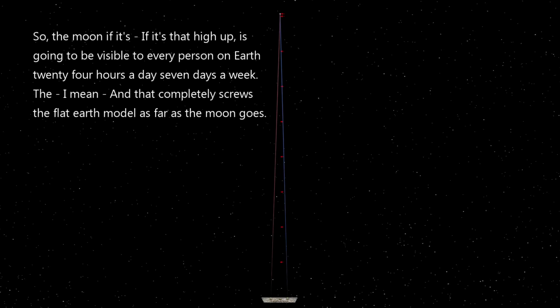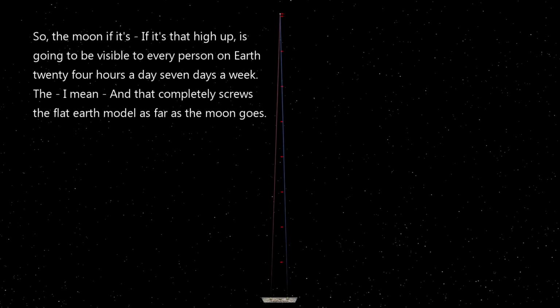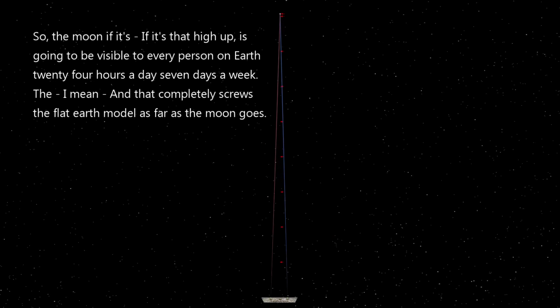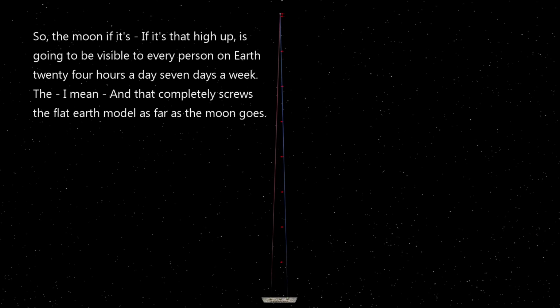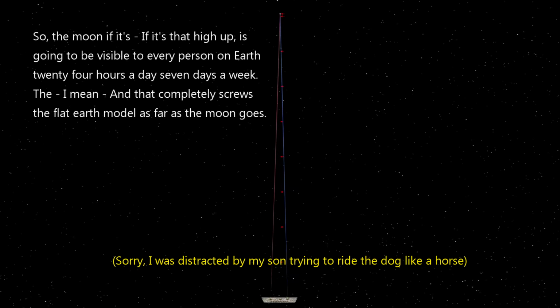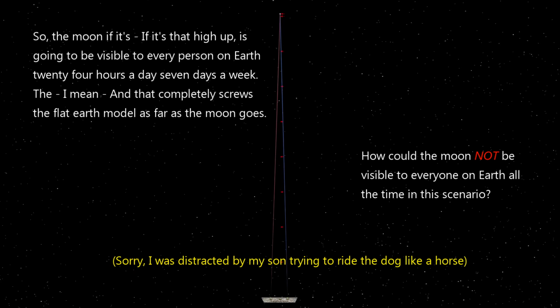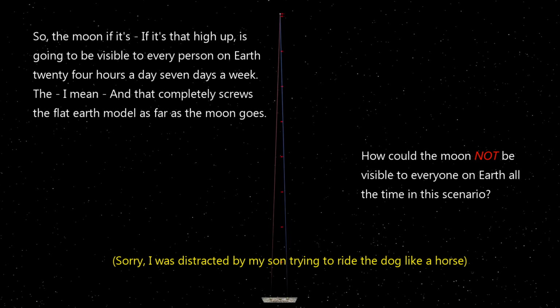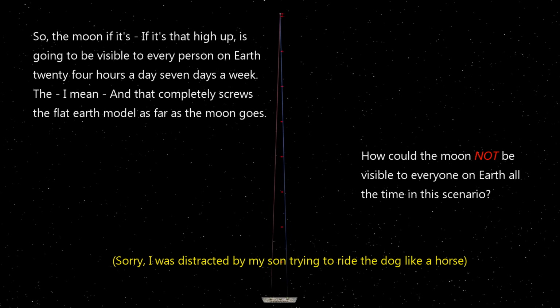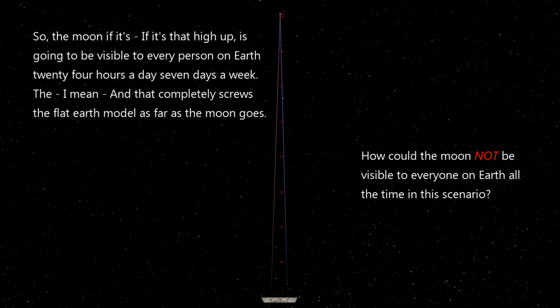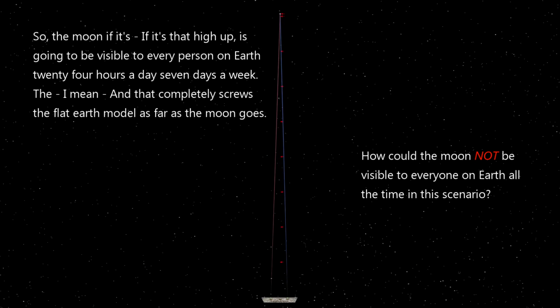So the moon, if it's that high up, is going to be visible to every person on Earth 24 hours a day, 7 days a week. And that completely screws the flat Earth model as far as the moon goes.